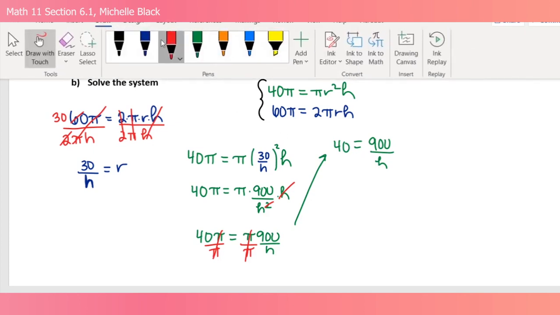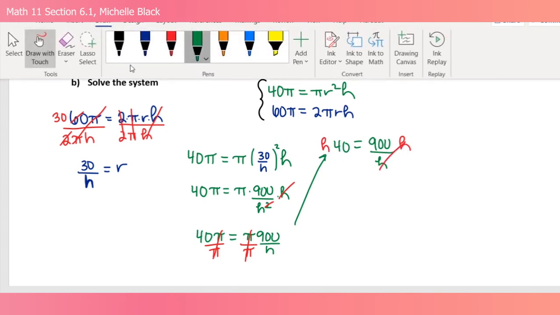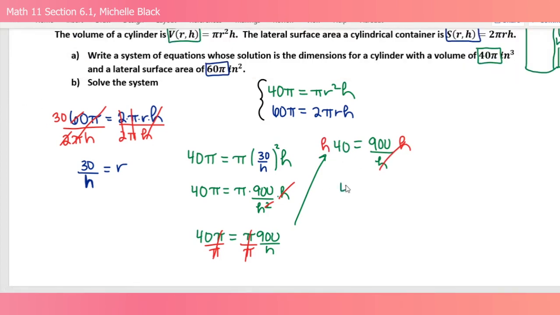So let's multiply both sides of the equation by h, which will get rid of it in the denominator. And now I can divide that 40 over to the other side. Simplifying this fraction, I get 45 over 2.